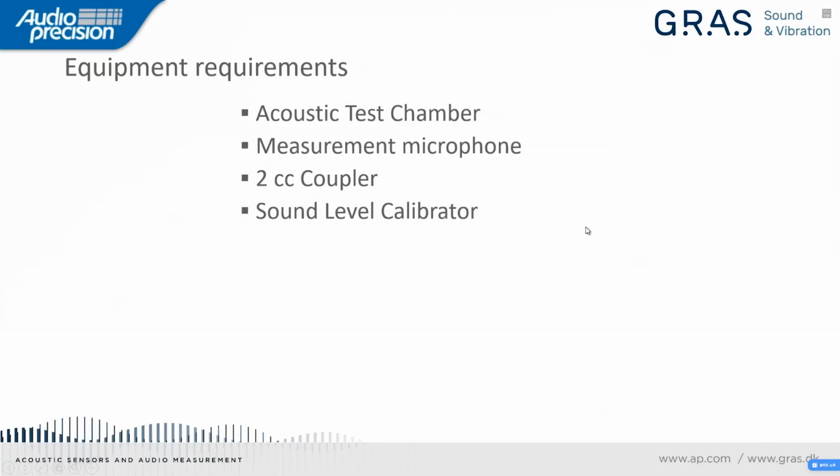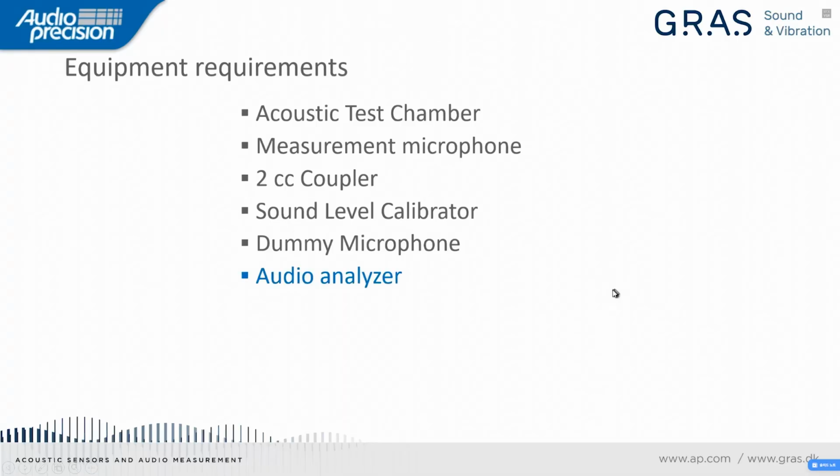It's very good to have a sound level calibrator, and what this does is it generates a known sound level, and you can use it to set the sensitivity of the microphone within the software of the audio analyzer. We also need a dummy microphone, and I'll explain what that is in an upcoming slide.